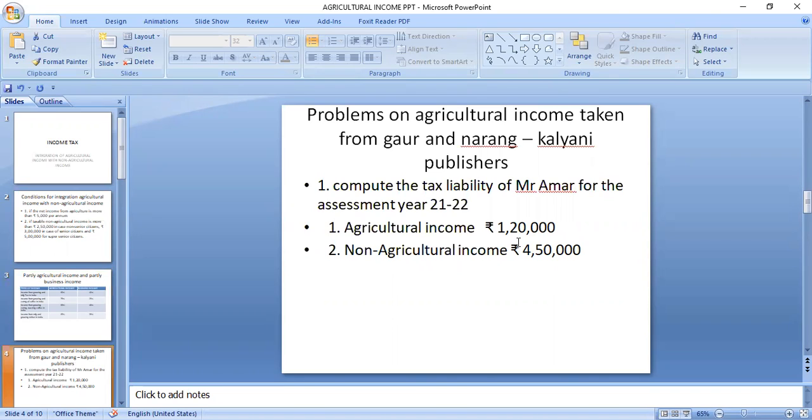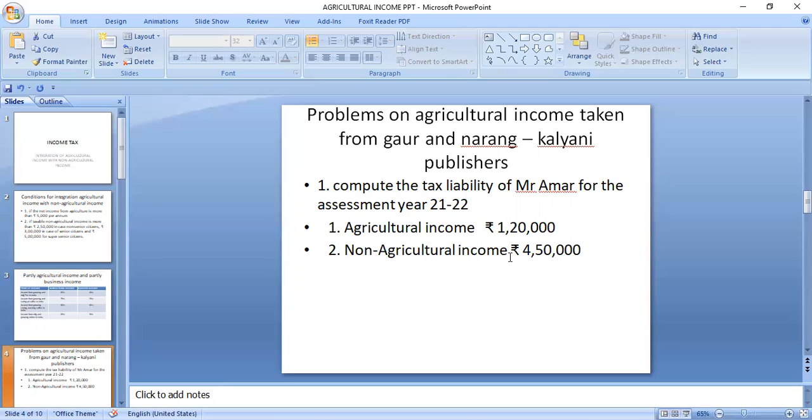What is the first condition? The net agriculture income should be more than 5,000 in the previous year. Here it is 1 lakh 20,000, which is more than 5,000. And the non-agriculture income should be more than 2.5 lakhs in case of non-senior citizens, 3 lakhs for senior and 5 lakhs for super senior.